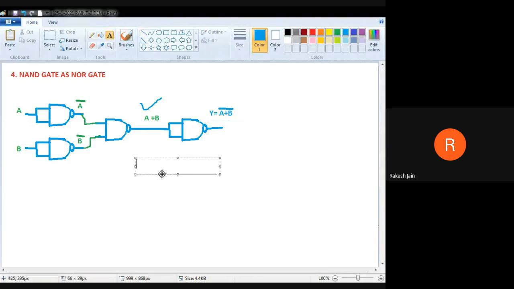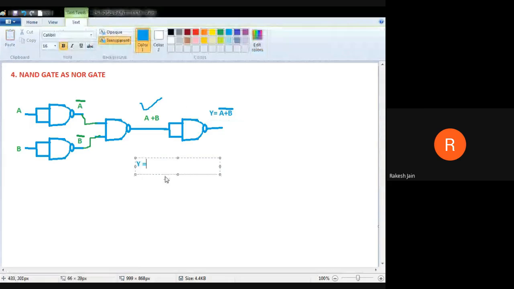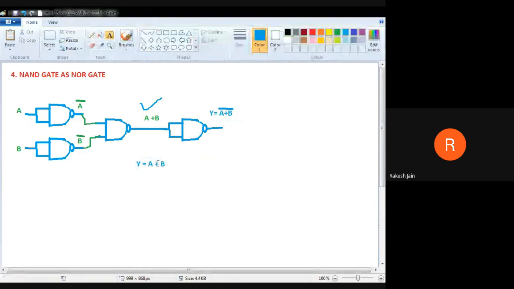Now we will realize it here. Y is equal to A plus B whole bar, and we know the equation of NOR gate is y is equal to A plus B whole bar. It means here we cannot use any NOR gate, we use only NAND gates, the 4 NAND gates.